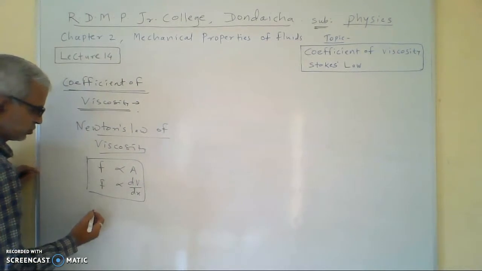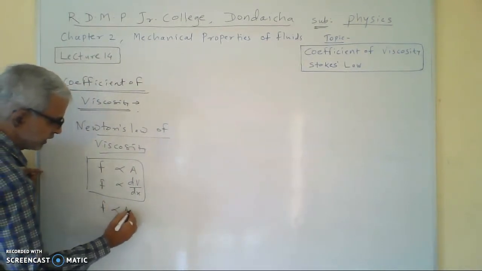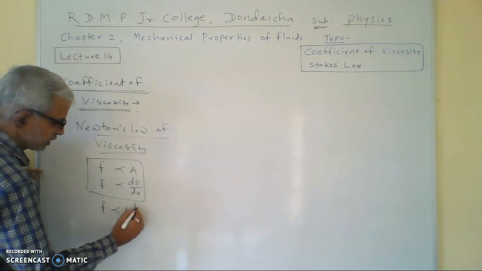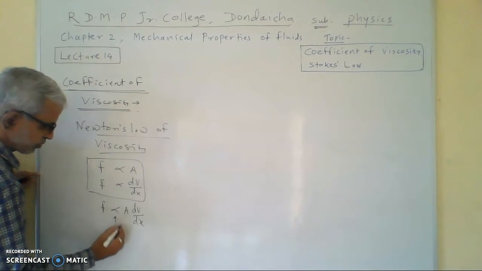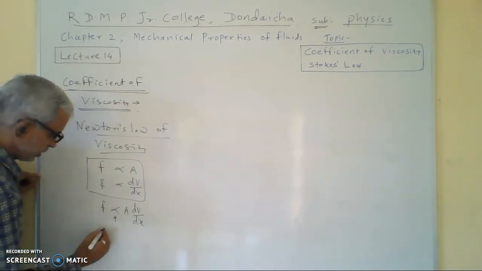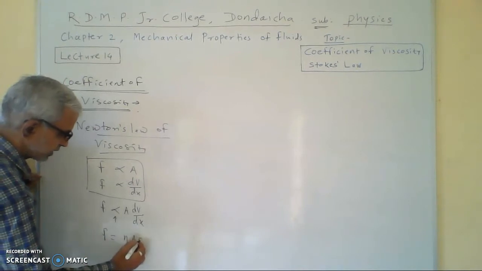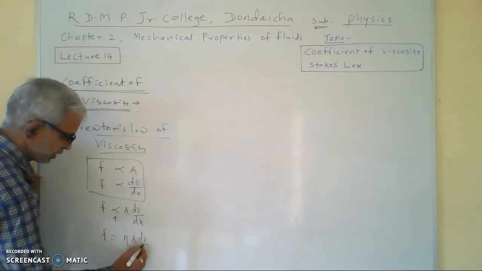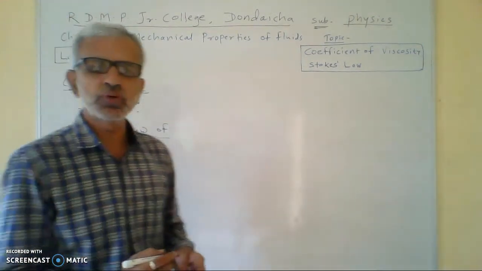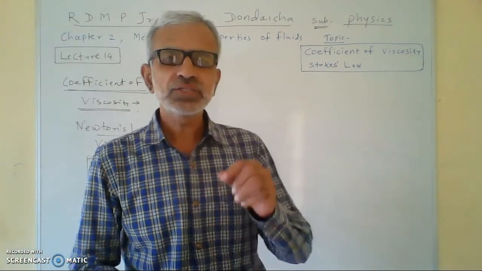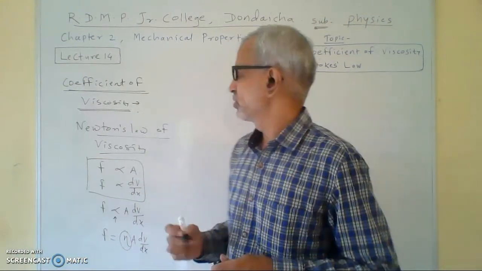Now combine these two equations. So F will be proportional to A into dV upon dx. Now remove this proportionality sign. So F is equal to eta A into dV upon dx. This eta is a constant of proportionality, and this constant of proportionality is called coefficient of viscosity.